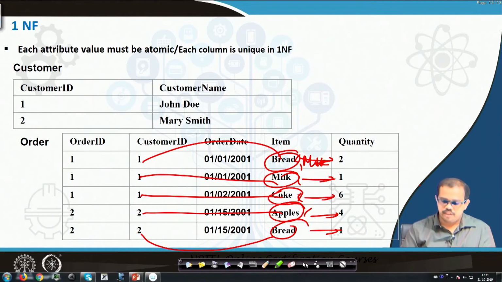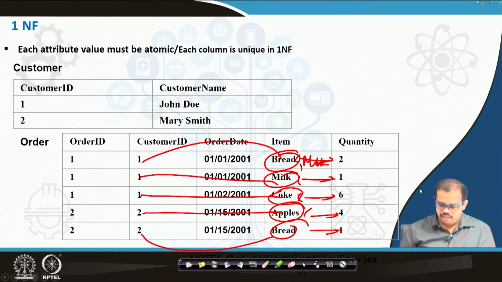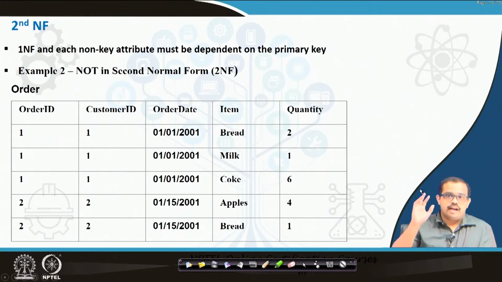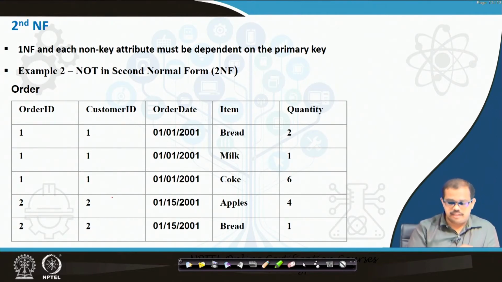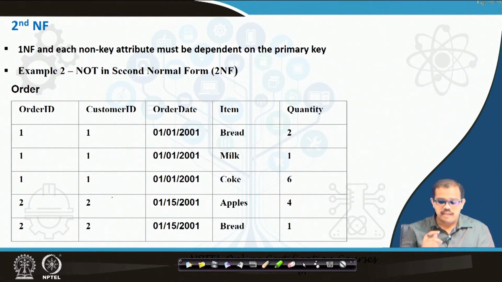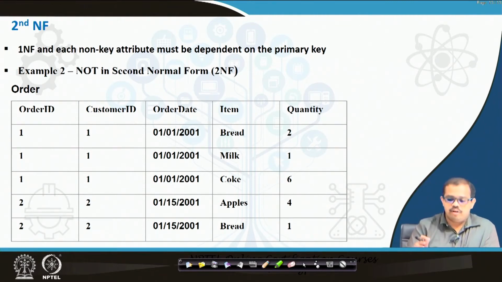So, if we are looking at the second normal form, I did tell you that it has to be in the first normal form first, which means it has to be atomic. And each non-key attribute must be dependent on the primary key. Now, I said let us take customer ID as a primary key. Now, all of these are non-key attributes, whether it is quantity, item or order date.